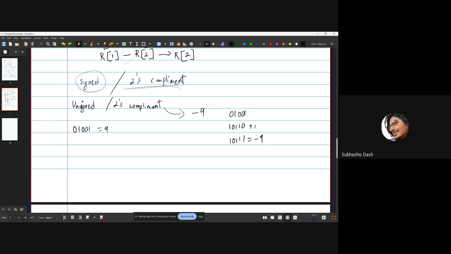Okay, not an issue. So can you guys tell me what happens when we add 0, 1, 0, 0, 1 and 1, 0, 1, 1, 1? Keep in mind, this is 9 and this is negative 9. So we would expect this to result in 0, right?